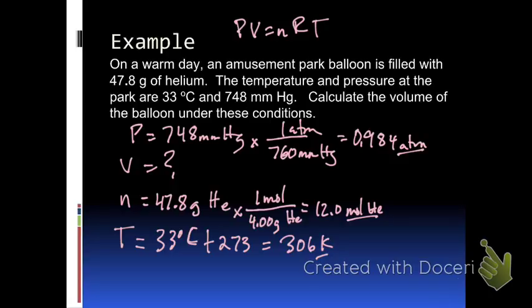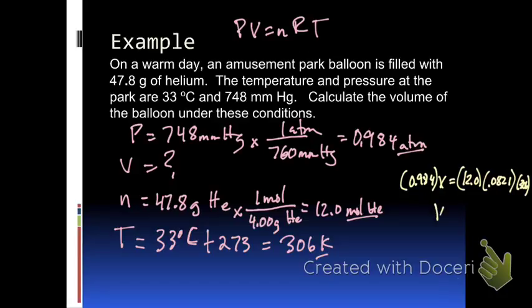So let's go ahead and plug this in. My pressure is 0.984. My volume I want to figure out. My n is 12.0. Since I'm in atmospheres, I'm going to use 0.0821, and then 306 is my temperature in Kelvin.